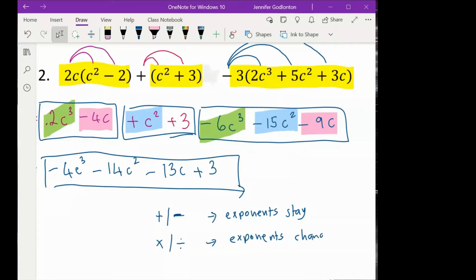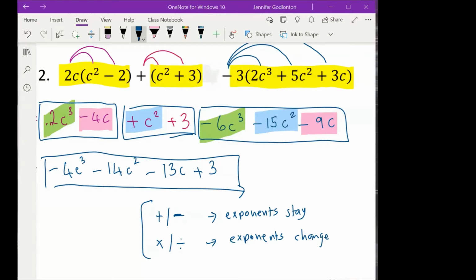It's the easiest thing. I always recommend my kids write this at the top of their test when they do anything to do with algebra. It seems like something so small and silly, but if you remember this, it makes life a lot easier.